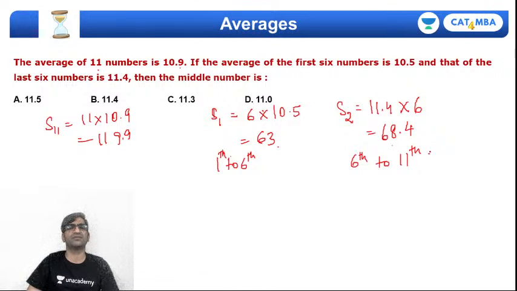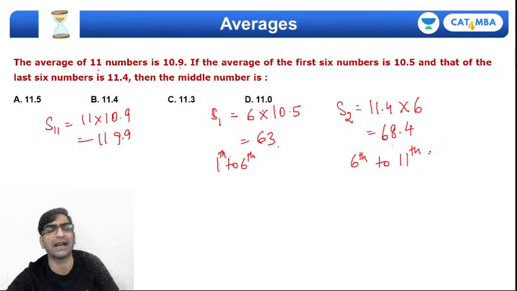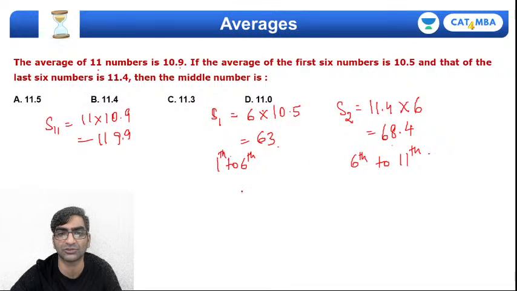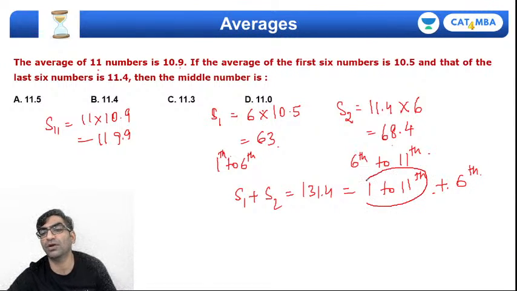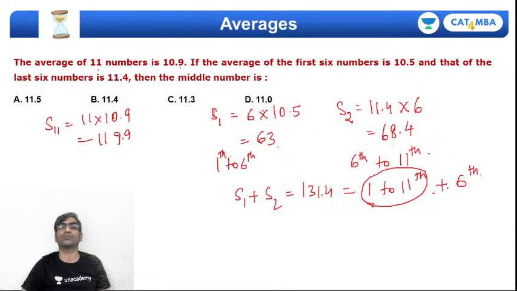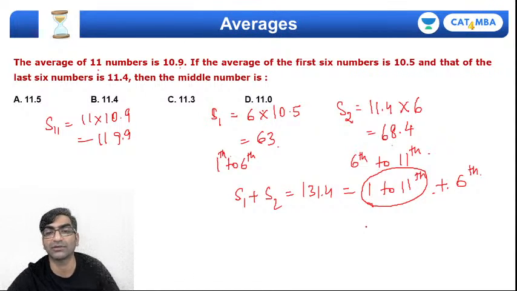So what happens if you add both of these sums together, S1 plus S2? First of all, I'll get the total as 131.4, but that would be the sum of the first to the 11th number with the 6th value coming twice, so I can separate that. So all the numbers from the first to the 11th, but we also need to add the 6th number back to it.